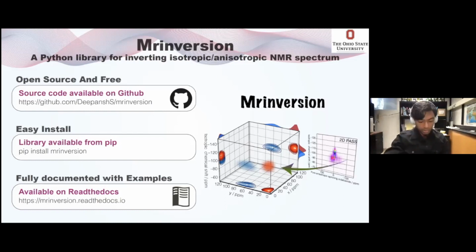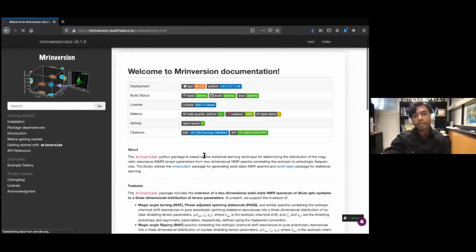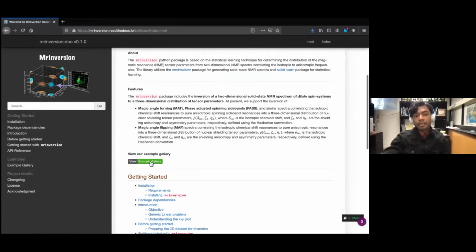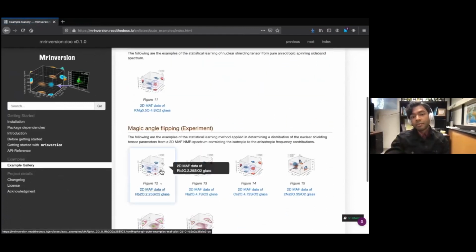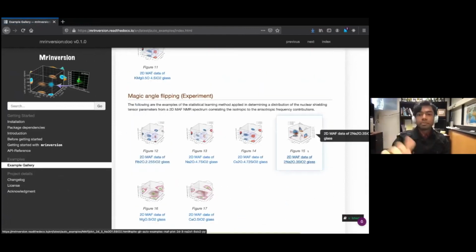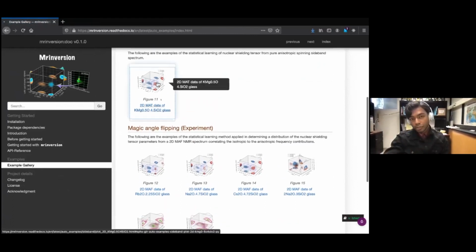To show you a quick example, here is the library itself. And what we can see here are the examples that I've shown. I haven't covered all of them, but we have every single example shown here.